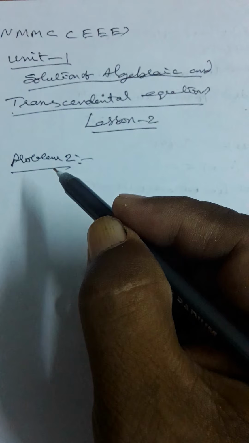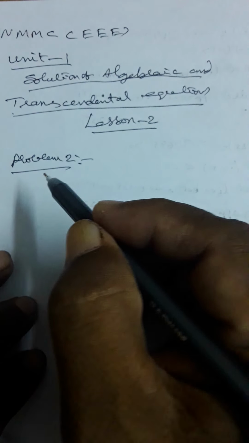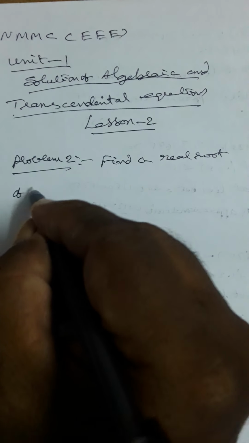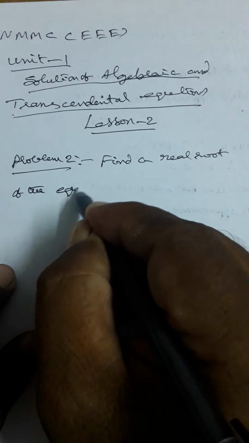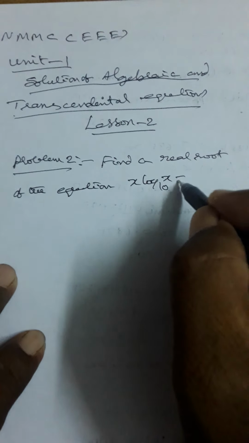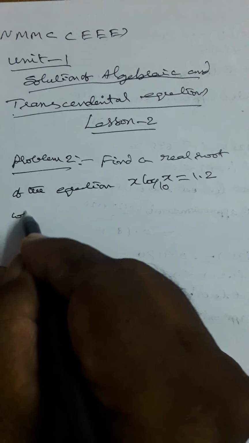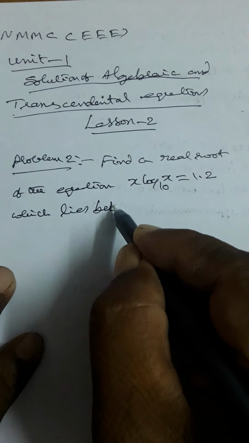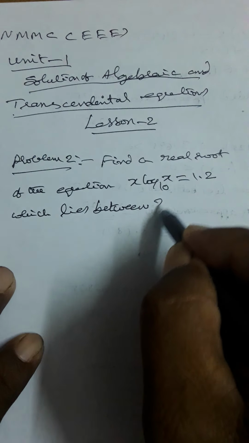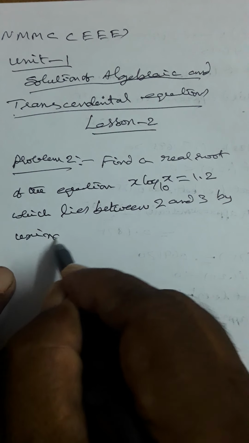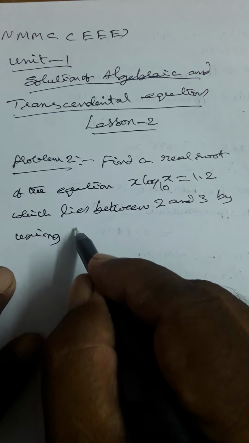Find a real root of the equation x log x base 10 is equal to 1.2, which lies between 2 and 3, by using the bisection method.